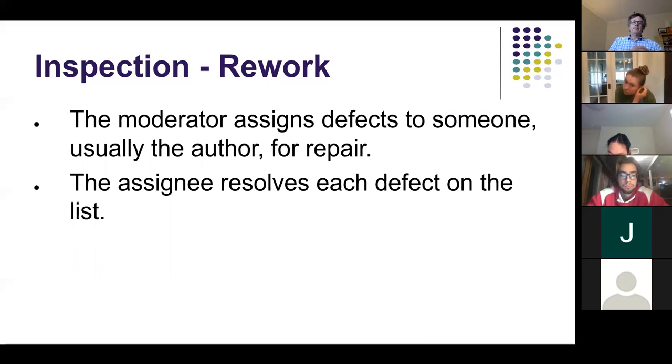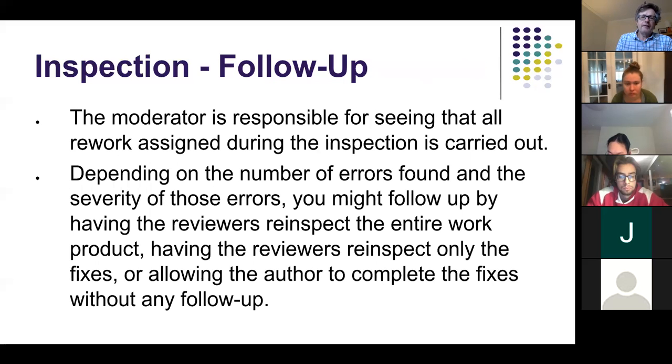Now, the moderator assigns the defect to somebody, usually the author. Could be a special situation where it isn't, but usually it is. And then the moderator is responsible for seeing that all the rework assigned is carried out. Now, if it was really messed up code, if there are some serious problems, there may be another review.